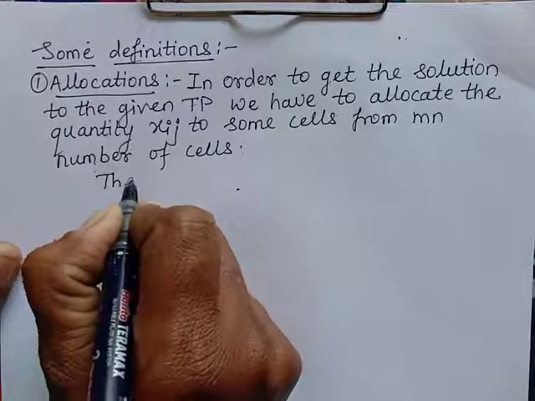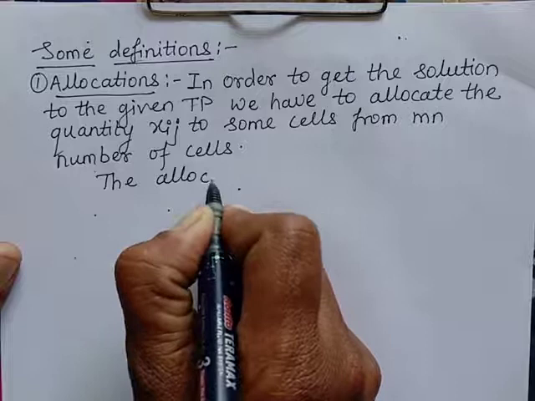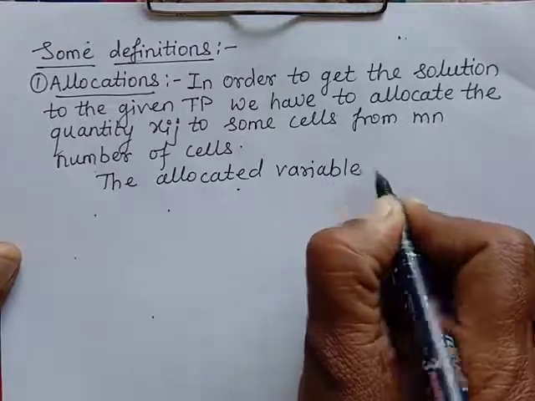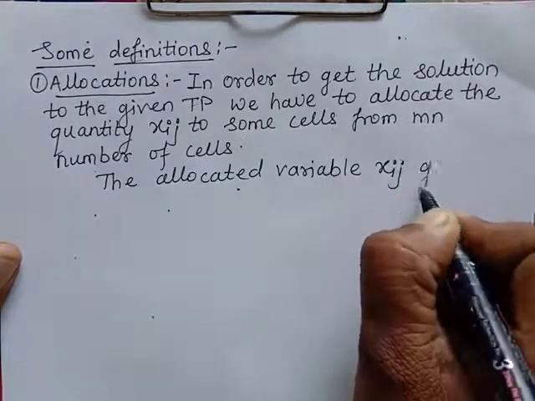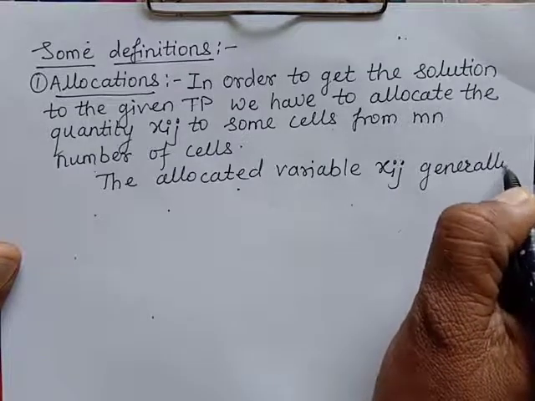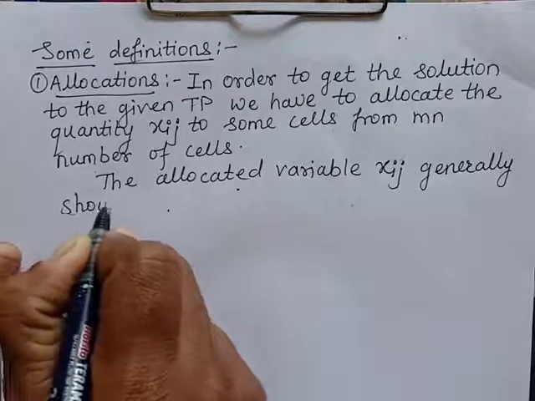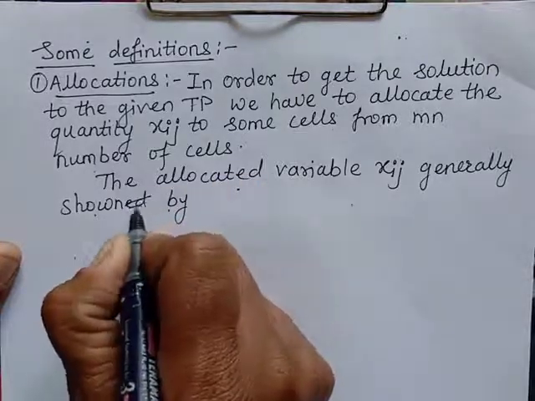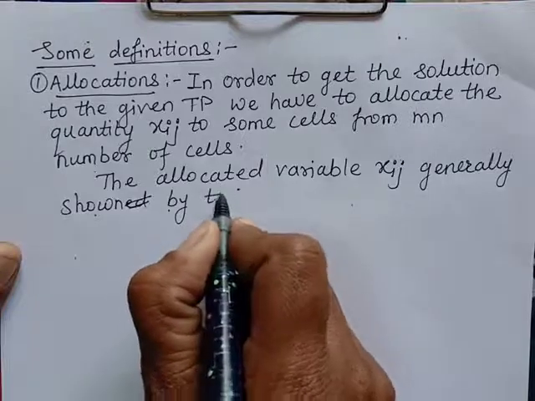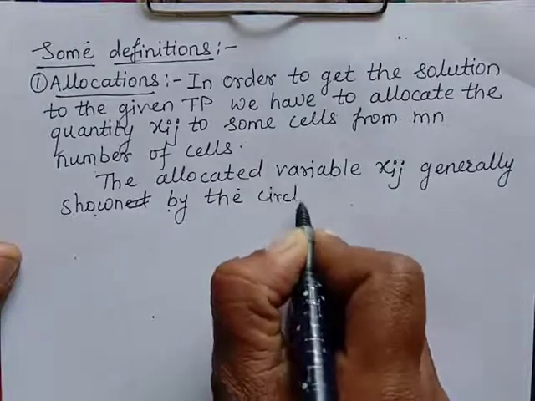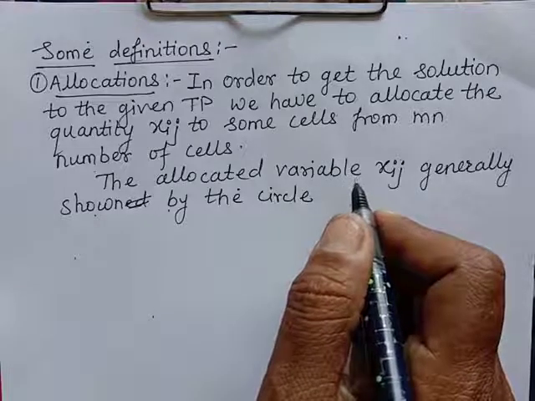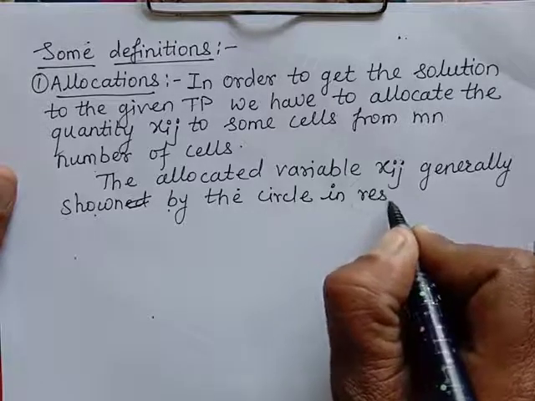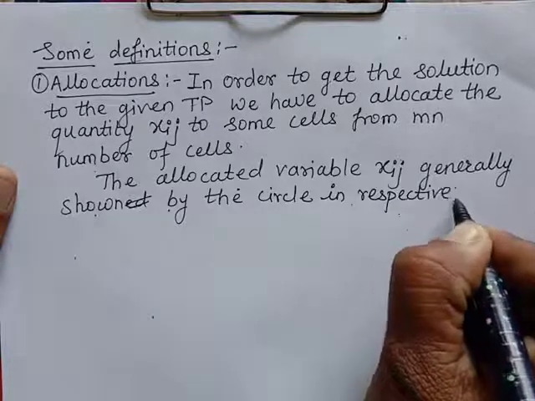The allocated variable xij is generally shown by a circle in the respective cell.